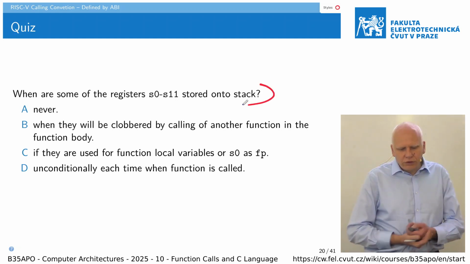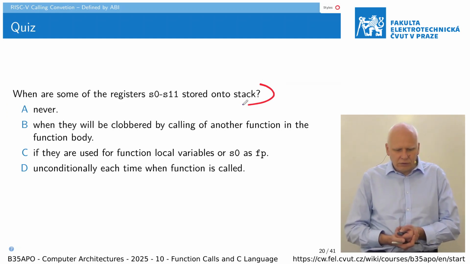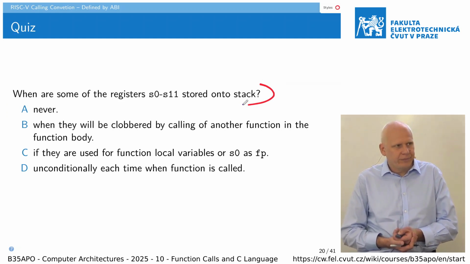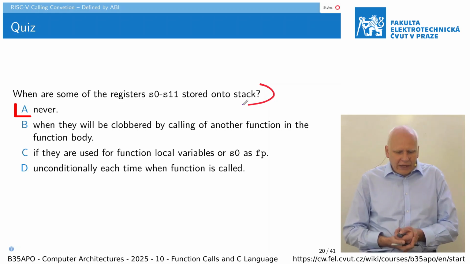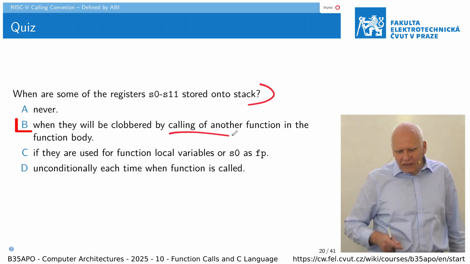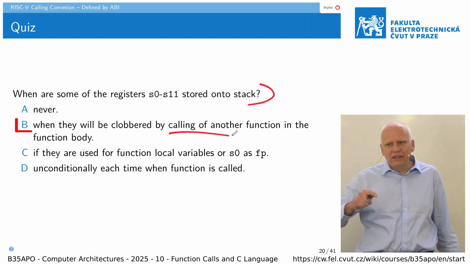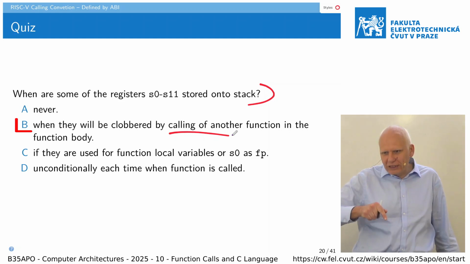Okay, so when do we need to store the S0 to S11 registers, or some of them, to the stack? If we call another function, then for saved registers it is defined that they would not be clobbered.